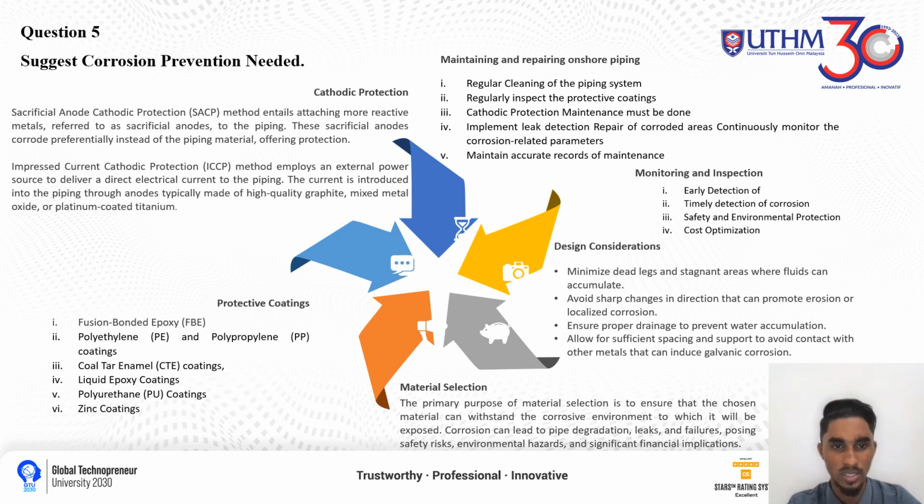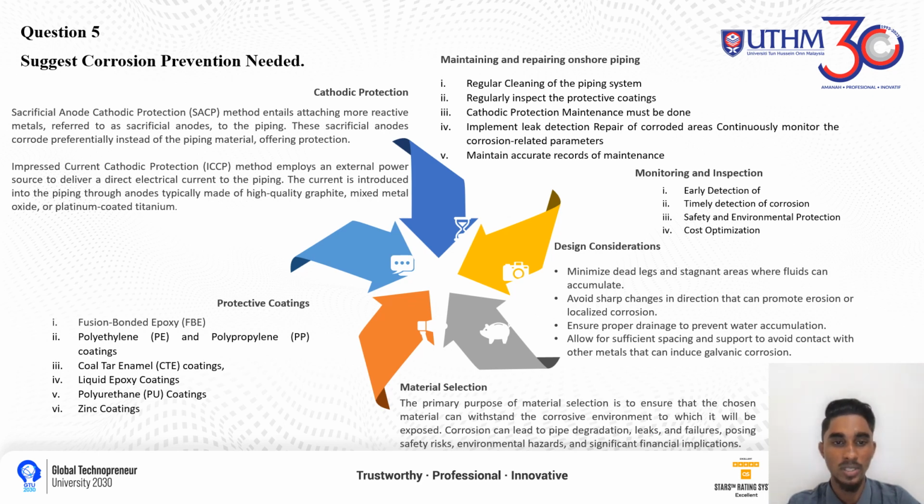The next one is to repair the corroded areas. If corrosion is detected on the piping, take appropriate measures to repair the affected areas. This may involve removing the corroded material, applying corrosion inhibitors or protective coatings, or replacing the damaged section of the piping.